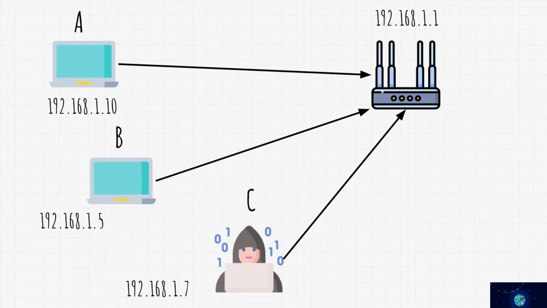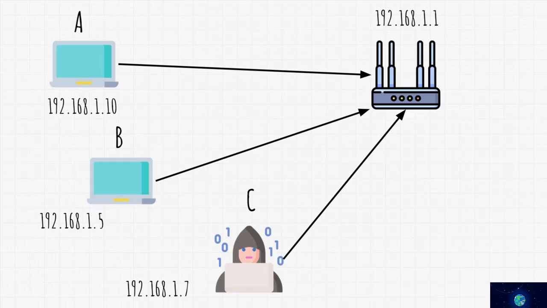So we can say A has 192.168.1.10, B has 192.168.1.5, our Kali Linux machine has 192.168.1.7, and our router has 192.168.1.1. Besides having an IP address, all of these machines also have their MAC address, and these two help them communicate with each other over the network.